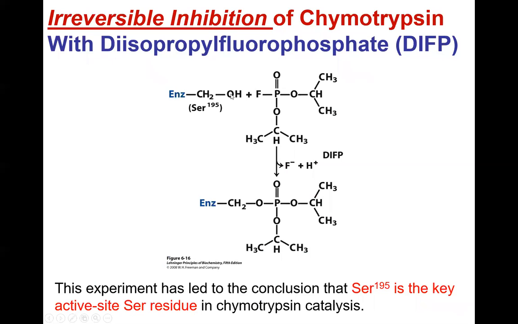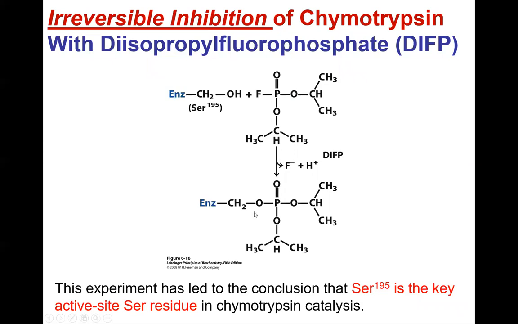Because that serine hydroxyl group, serine 195, went and attacked that phosphorus. This molecule was mimicking the tetrahedral transition state, and therefore got tricked into thinking that it could be the substrate. Actually, it turned out to be an inhibitor. This hydroxyl group attacked this phosphorus, and as soon as it attacks, the fluoride leaves as a leaving group. And then you have formed this very, very stable structure where the enzyme is stuck.